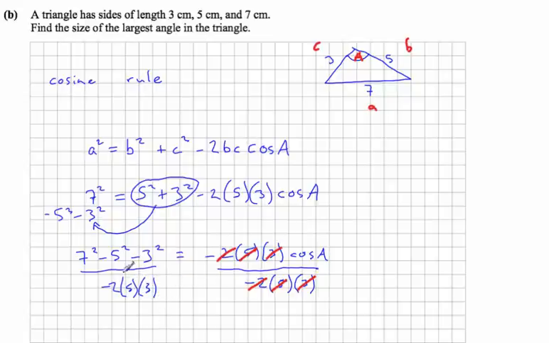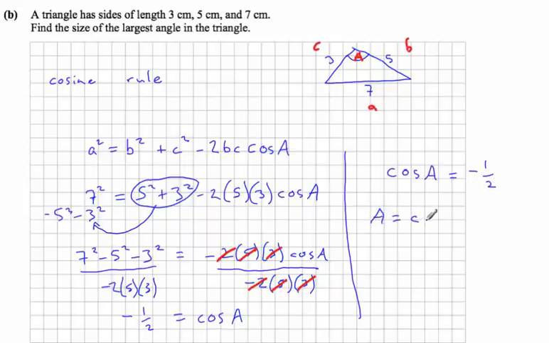If we work out this left bit on the calculator, that gives us minus a half. So what we have is minus a half is equal to cos A. Then the final step: if the cos of A is equal to minus a half, well then A will be equal to the inverse cos.